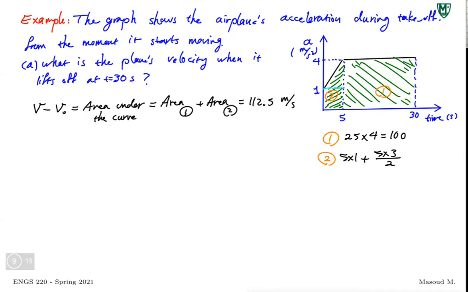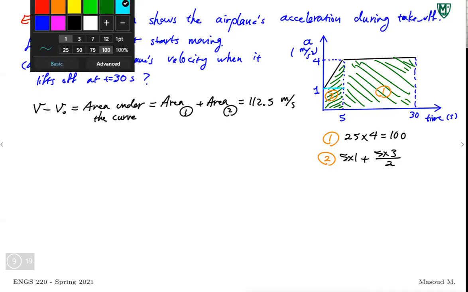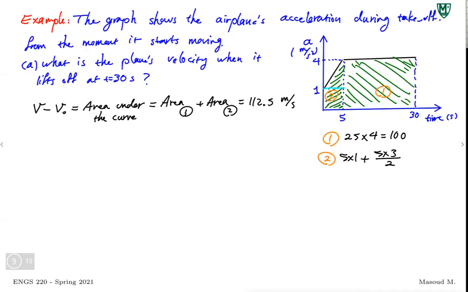We already have acceleration as a function of time. Now you have to take a look at the problem statement, always in detail. It says from the moment it starts moving. So this graph gives you the story about the motion of this airplane from the moment it starts moving. What does that mean?